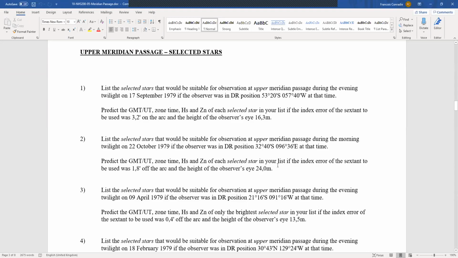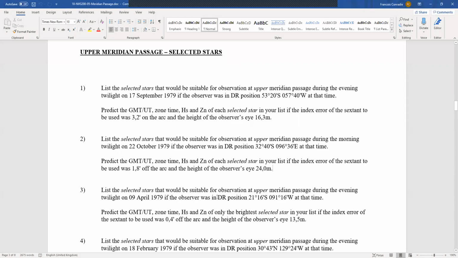So in this case, we're saying, look, we don't know which stars are going to be at Upper Meridian Passage, so we need to get a specific time or a range of time, let's say between 4 o'clock and 4:30 tomorrow morning, and we need to then check which stars will be at Upper Meridian Passage during that time, because that star can then be taken as a point of calculation at Meridian Passage.